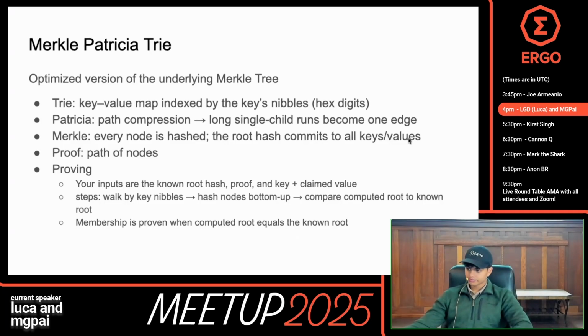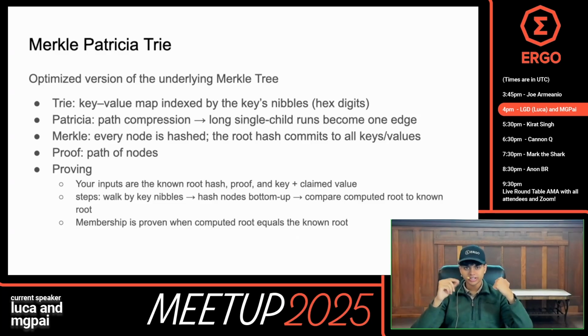All right, so now what we actually use for the staking is something called the Merkle Patricia Trie. And this is basically an optimized version of the Merkle tree. So a trie you can think of as a key-value map, right? Indexed by the key's nibbles.